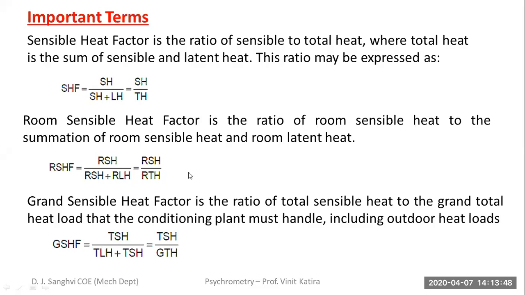Next is the grand sensible heat factor. Okay, this is the ratio of the total heat load that the conditioning plant must handle, which also includes the outdoor heat loads. For example, this basically takes into consideration the outside heat load also that enters.